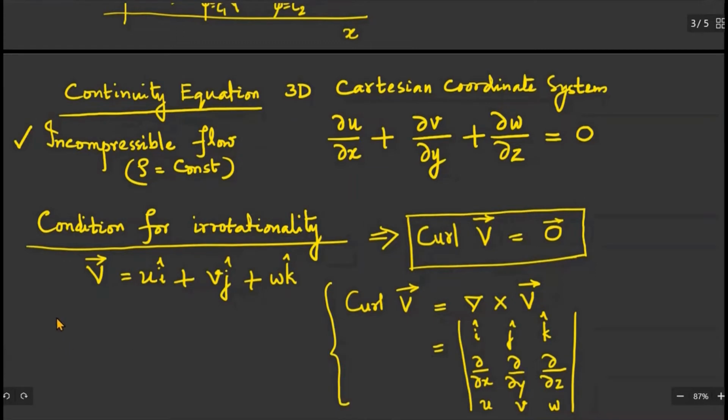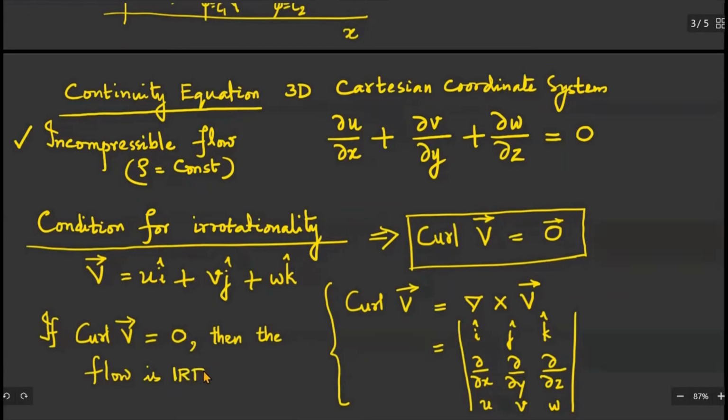I'll write it again because it is so important. If the curl of the velocity vector is equal to 0, that is del cross V is equal to 0, then the flow is irrotational. Keep in mind, the flow is irrotational.